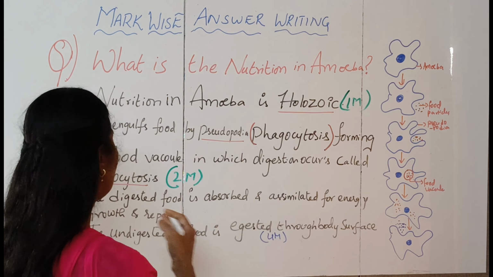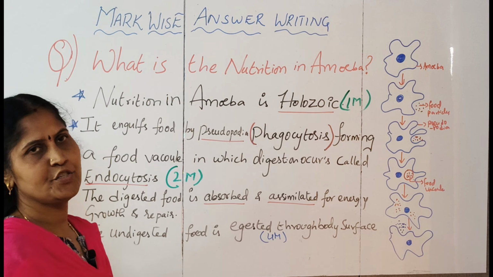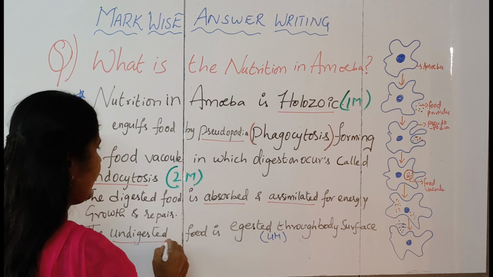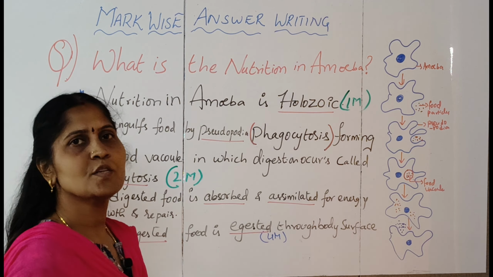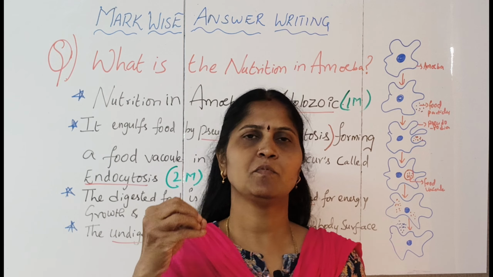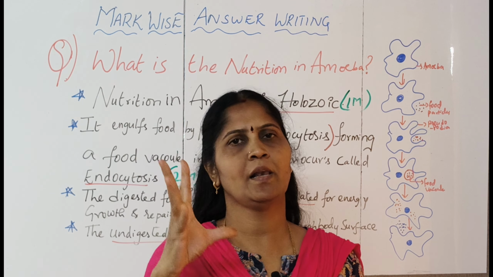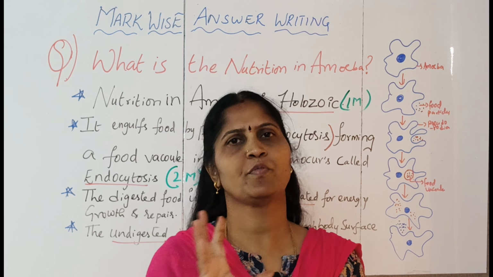In the third one, the digested food is absorbed and assimilated for energy. And in the fourth one, you can say that the undigested food is egested out. If you underline the keywords, the invigilator will find all of them easily and you will get your full marks for sure.